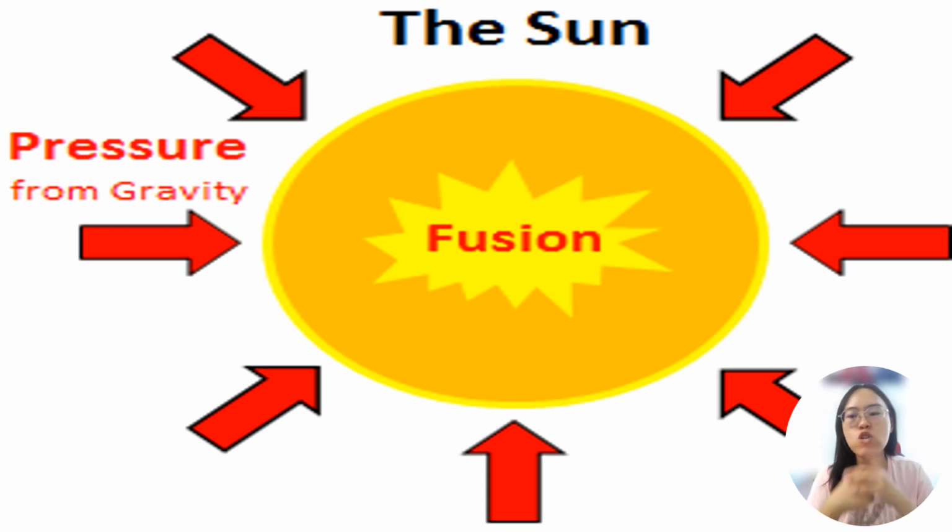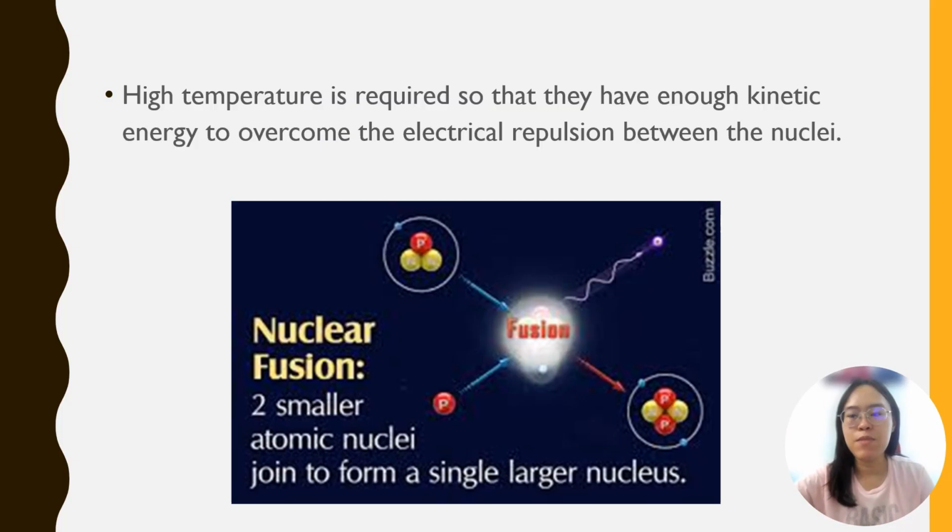So we cannot use nuclear fusion on Earth to produce nuclear energy. We can only use nuclear fission. Also, the heat energy produced by nuclear fusion is very much greater than the heat energy produced by nuclear fission. Okay, so this is the difference between nuclear fusion and nuclear fission. High temperature is required so that they have enough kinetic energy to overcome the electrical repulsion between the nuclei.